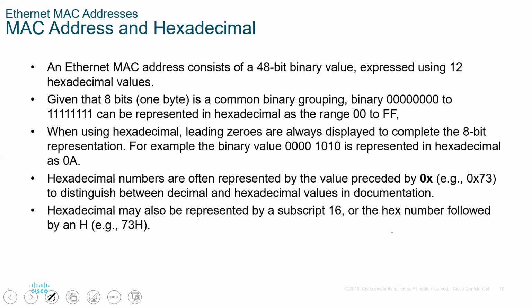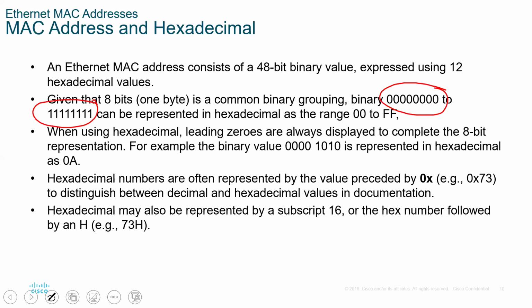Okay. So given that 8 bits, which is 1 byte, is a common binary grouping, binary 0 in 8 places is like the minimum, and the maximum you get is 1 in all 8 places. So that is what we have.